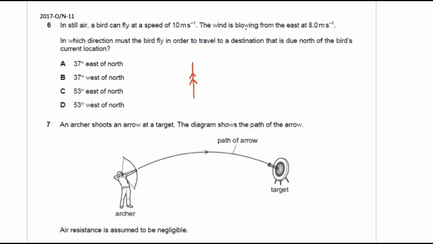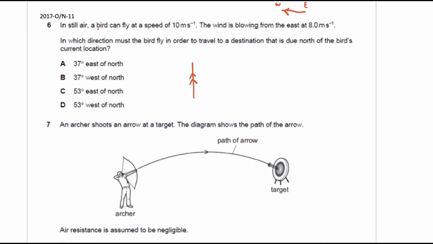Okay. Now the wind is blowing from the east. You know, from the east means from the east to the west. So that means it's like this. So this is the wind. The wind is blowing this way. The resultant is this one. This is one of the components.